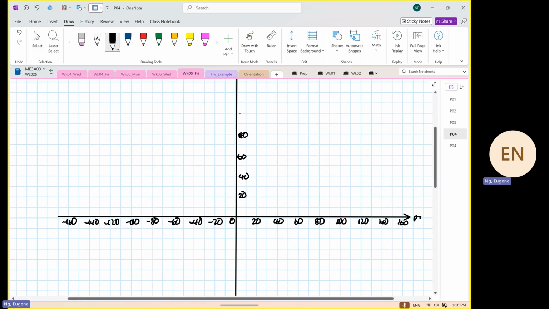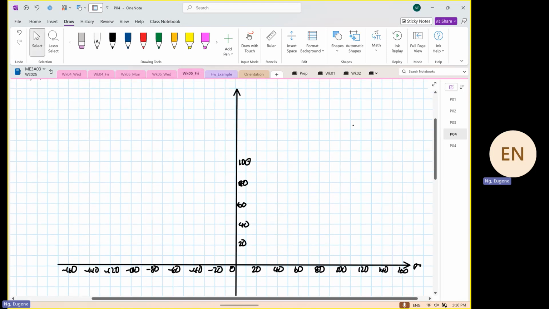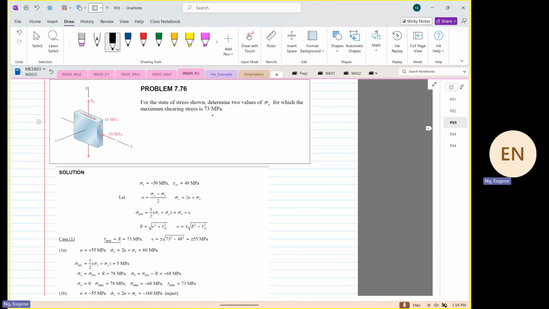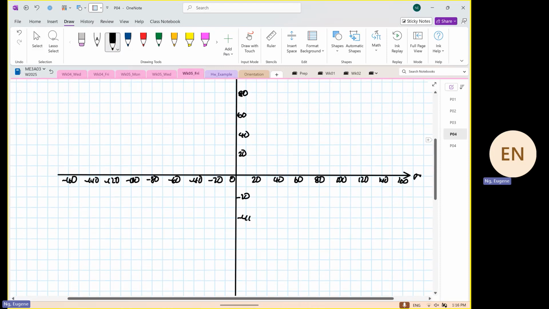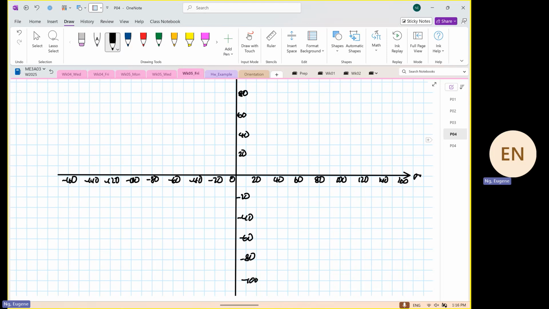We don't need to go beyond 100 because of what? The maximum shear cannot be more than what? If we go back to the question, it states that the maximum shear cannot go beyond 73 megapascal. Then the next thing that we construct, we're going to construct our minus 20, our minus 40, our minus 60, our minus 80, our minus 100.